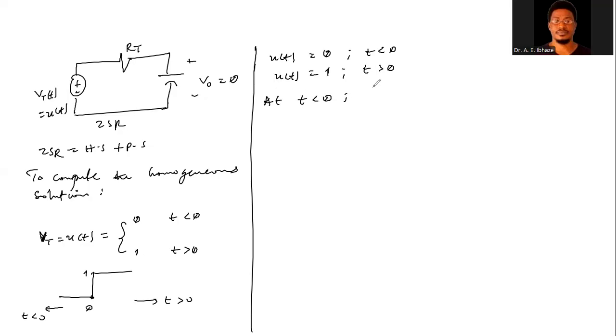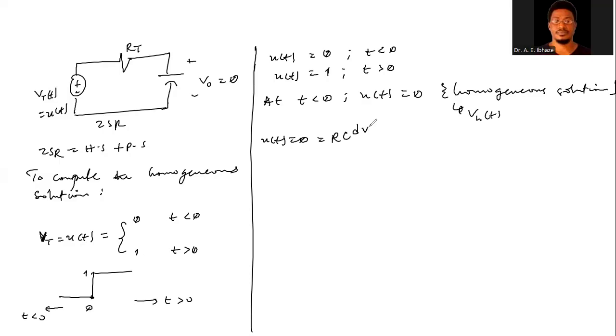So at t less than 0, U of t is equal to 0, and here we can resolve the homogeneous solution. In this case, we address this as VH of t. So say this is homogeneous. And we already know that U of t is equal to 0. We recall our mathematical model, for which we have RC dVH of t over dt plus VH of t.